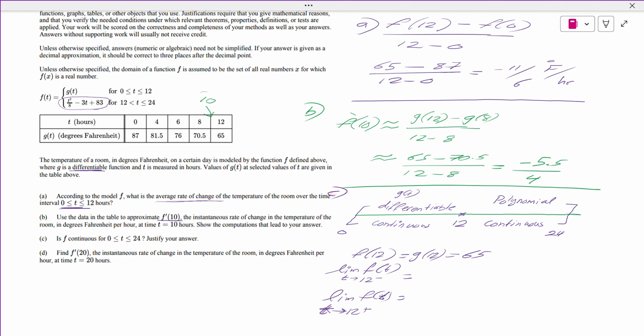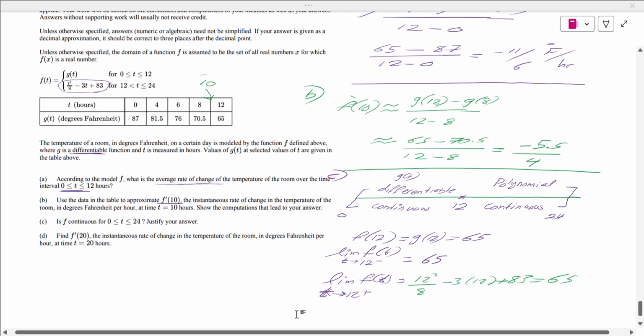Again we will be using g of t, which is going to be 65 as well. And the limit of f of t as t approaches 12 from the right, we will use the second subfunction. So we substitute 12 squared over 8 minus 3 times 12 plus 83, and it is also 65. So at 12 the function is also continuous.